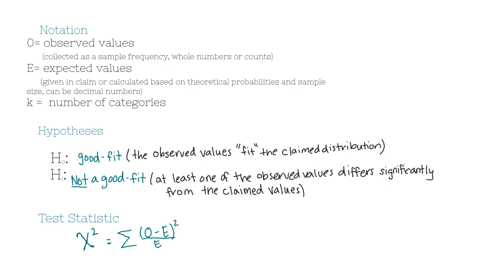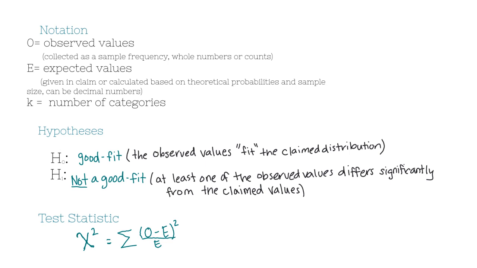So our test statistic is the sum of the difference of the O's and E's squared so that everything's positive, divided by the expected. So we'll do this formula for every color, and then we add them up. That's how we find the test statistic.